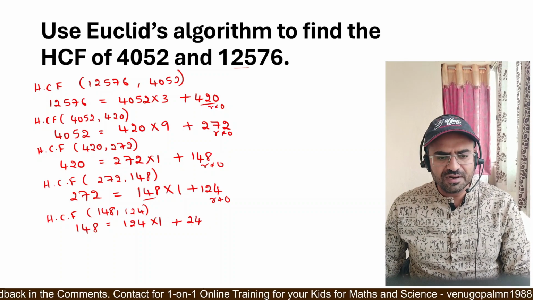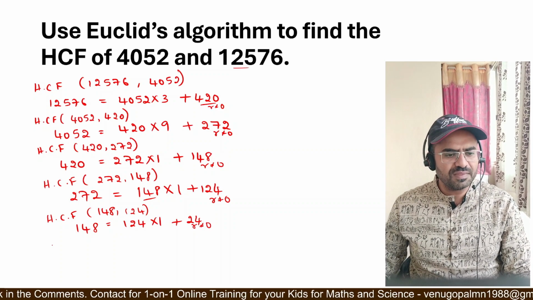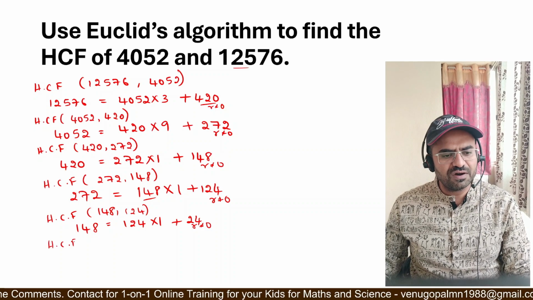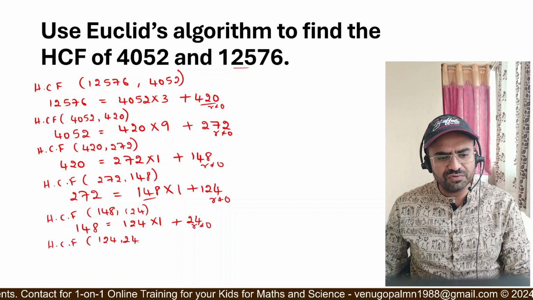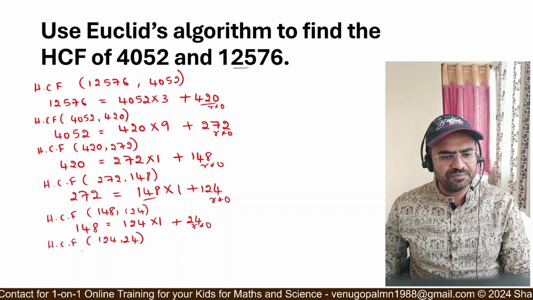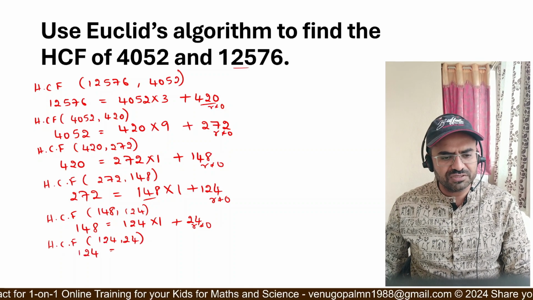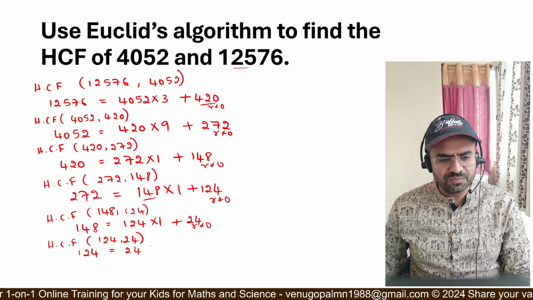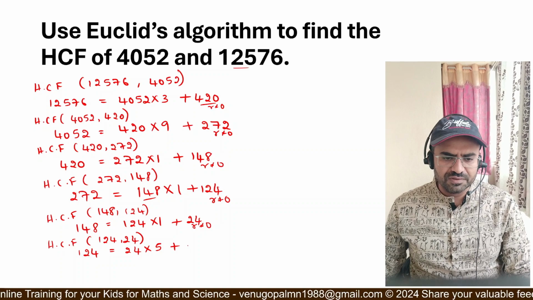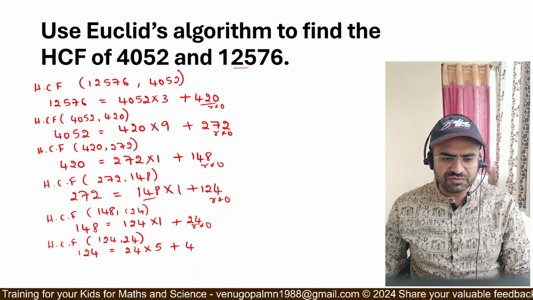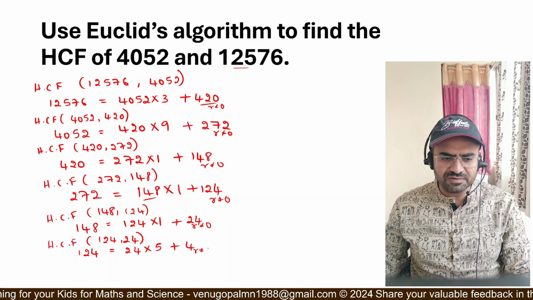Now again R is not equal to 0. HCF of 124 comma 24, we can write this as 124 is equal to 24 into 5 plus remainder 4, which will become 120, and again R is not equal to 0.